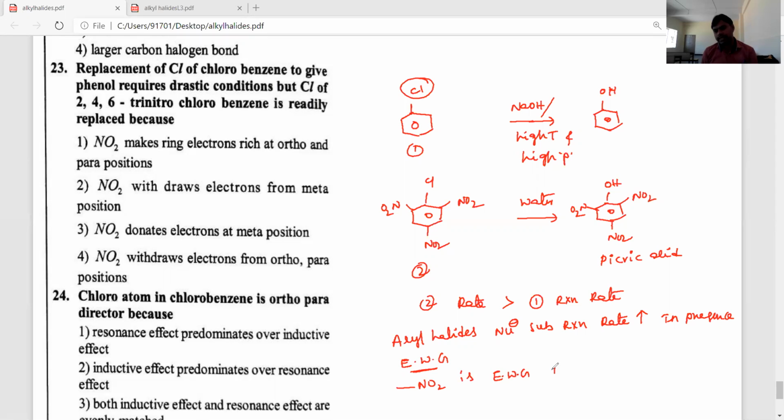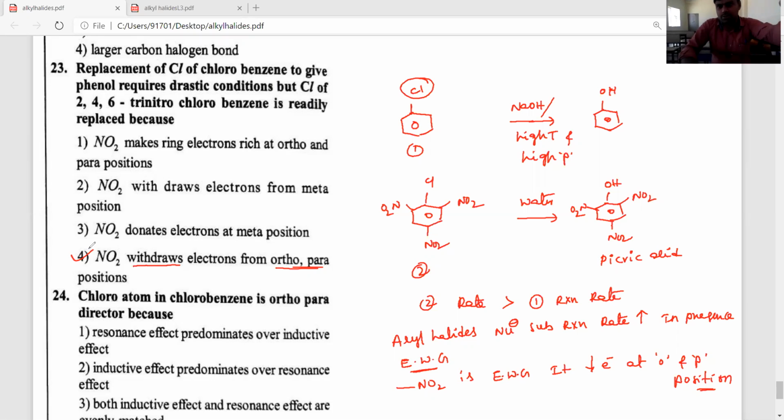An electron withdrawing group decreases the electron density at the ortho and para positions. Hence, the rate of nucleophilic substitution reactions increases. So the answer is that the NO2 group decreases the ring electron density at ortho and para positions. Means NO2 groups withdraw the electron density at ortho and para positions. Hence, their rate of nucleophilic substitution reactions increases. Okay students, the fourth option is correct.